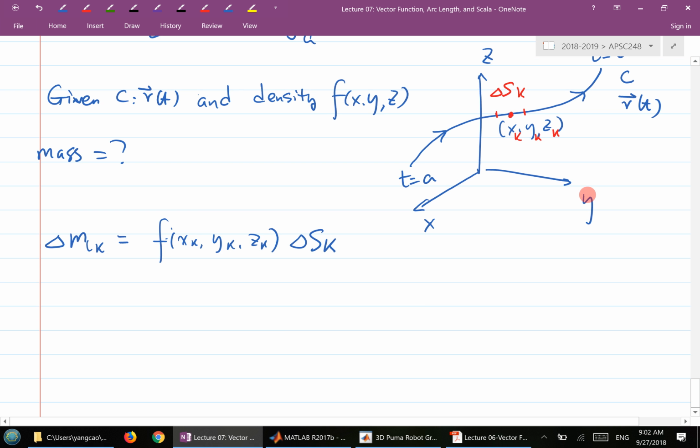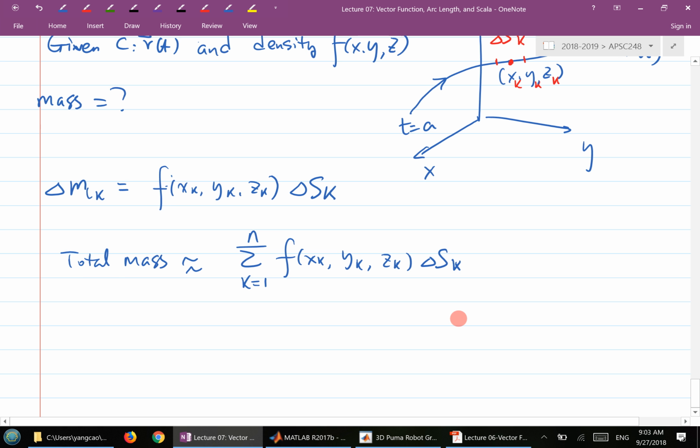This is the mass for only one small segment. If I want to know the total mass, I can use an approximation idea: add up all of the masses of the small segments, and suppose that I have n of them. Exactly the same kind of idea, isn't it? Now I want the accurate calculation, so I let n go to infinity.